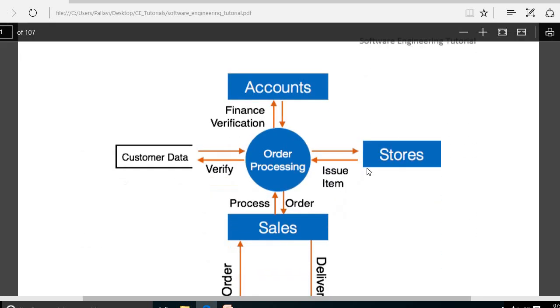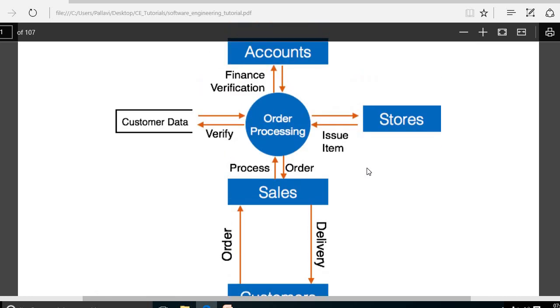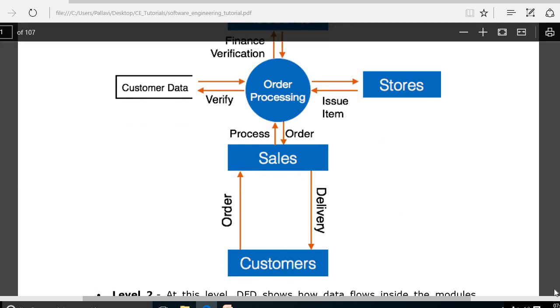Just if we see the level 1 DFD, the first level DFD, then we see here customer, storage, customer data. These are entities: account, stores, sales, and customer again, another entity.